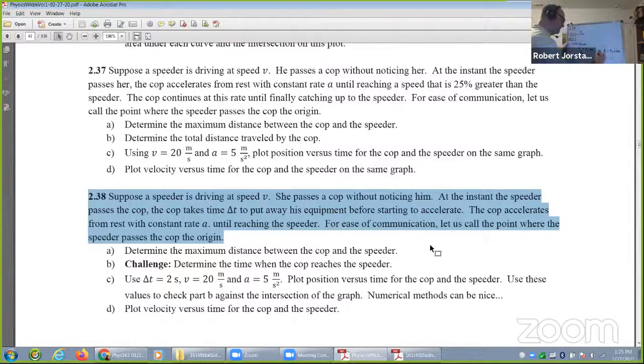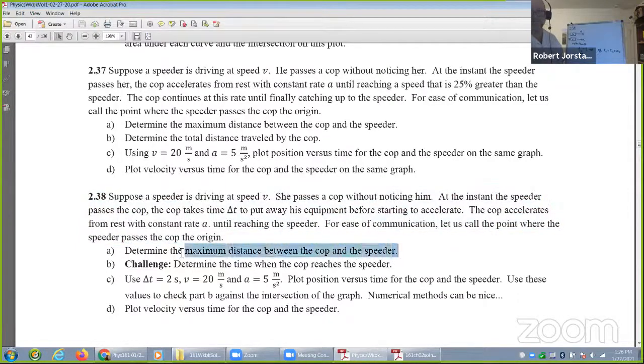Either way is fine. Then this cop's going to accelerate. All right. So we're going to do part A. Max distance between.